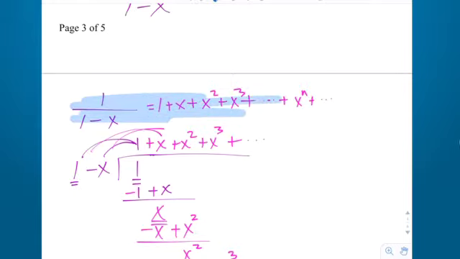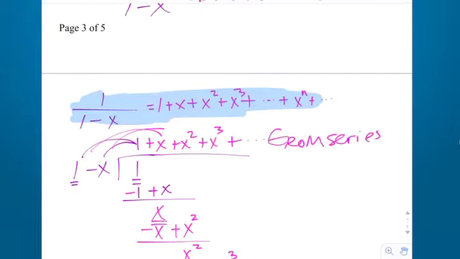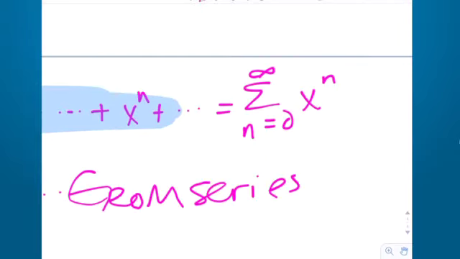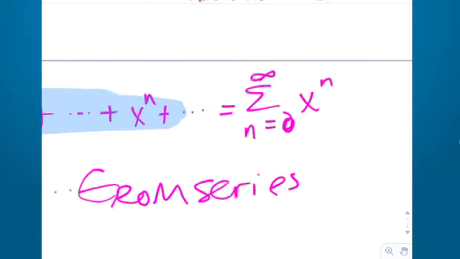Okay? Now notice that it is closely related to a geometric series. Here's why. If I write it in sigma notation, it would be from n equals 0 to infinity of x to the nth power. So if I want to know where this thing converges, and this is kind of getting into the next section, but it's okay.